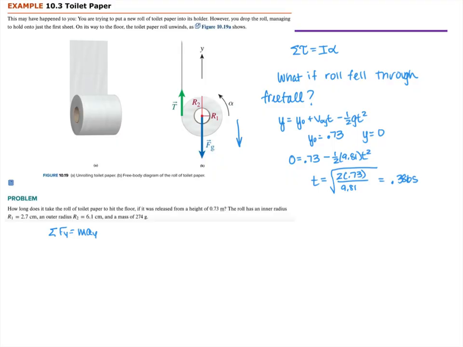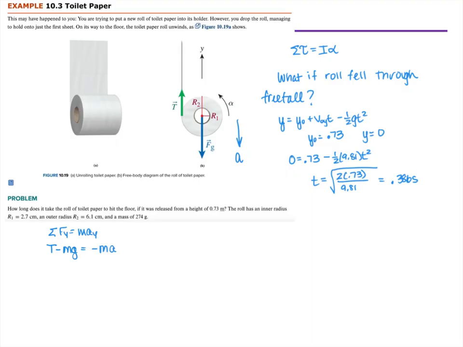And so we expect the acceleration to be downward, obviously. There's a tension in the end of the roll, the sheet that we're holding, that's acting up. And then we have the weight of the toilet roll, and so that's minus mg. And then we have minus m times a. So that is the expression we have.